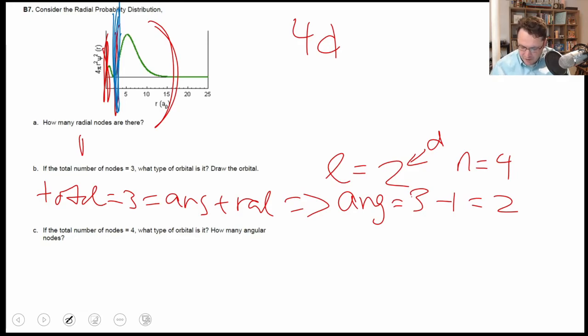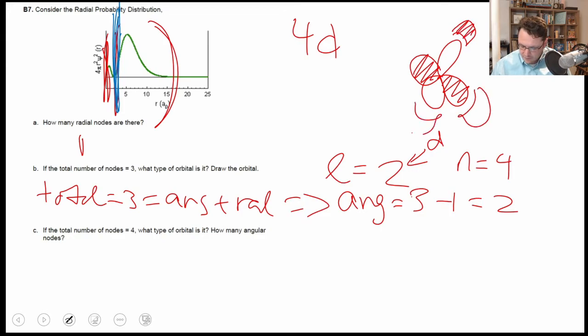To draw that, for any of the d orbitals, you always draw the four-leaf clover, and then you shade those different regions. That right there is the 3d. Now, because we're actually at the 4d, we have the radial node that's around it. We simply draw the little hats of the opposite phase on top of them.